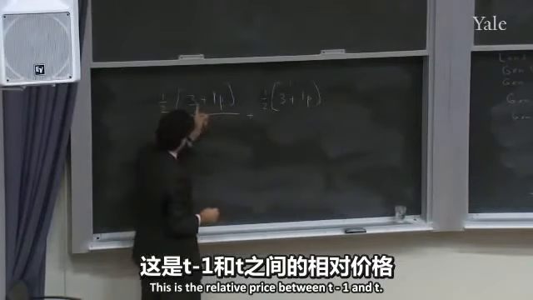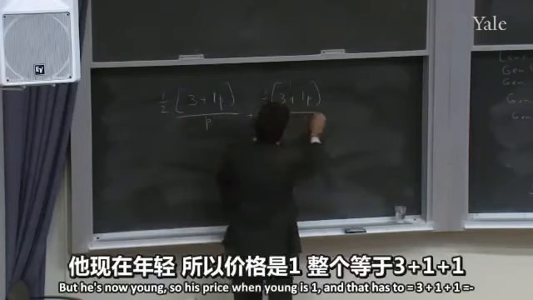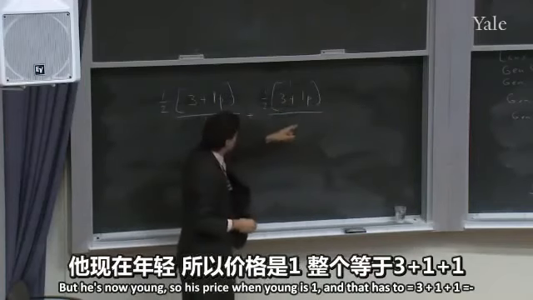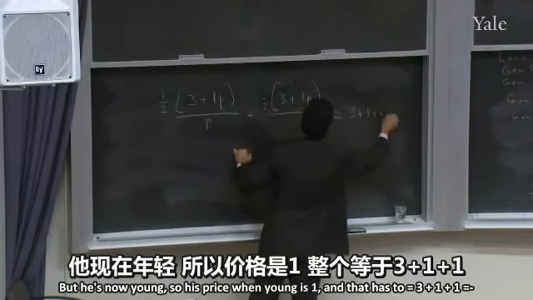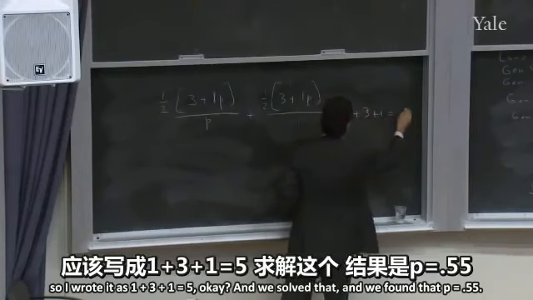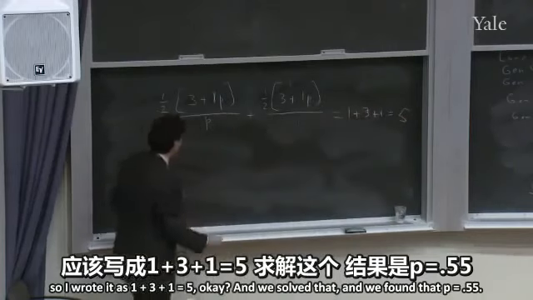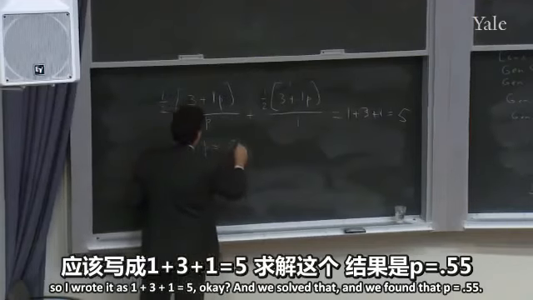This is the relative price between T minus 1 and T. This is the relative price between T and T plus 1. But he's now young, so his price when young is 1, and that has to equal 3 plus 1 plus 1 equals, so I wrote it as 1 plus 3 plus 1 equals 5. And we solved that, and we found that P equals 0.55.